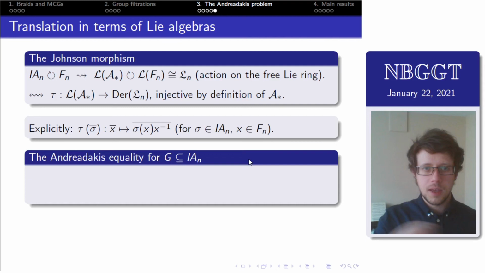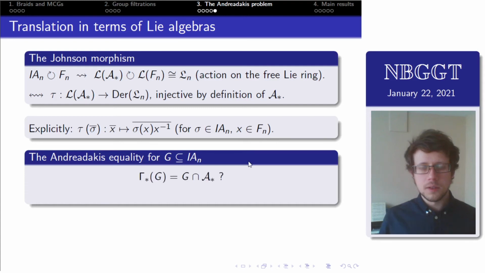And so our problem is the Andreadakis equality for some subgroup of IAn, which is this question: is the restriction of the Andreadakis filtration equal to the lower central series of the group?